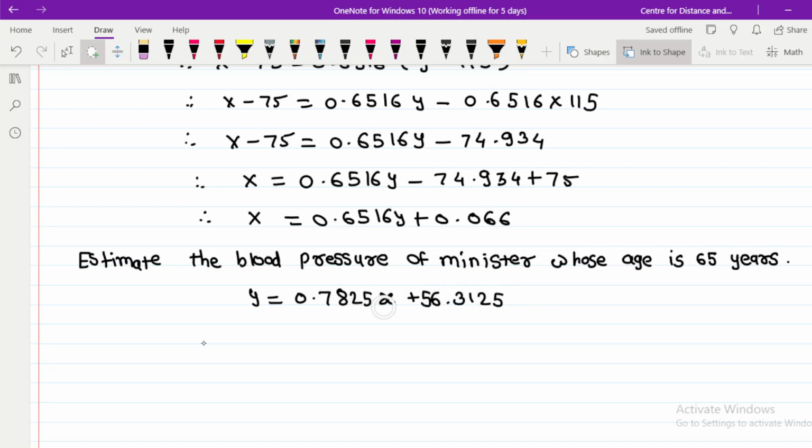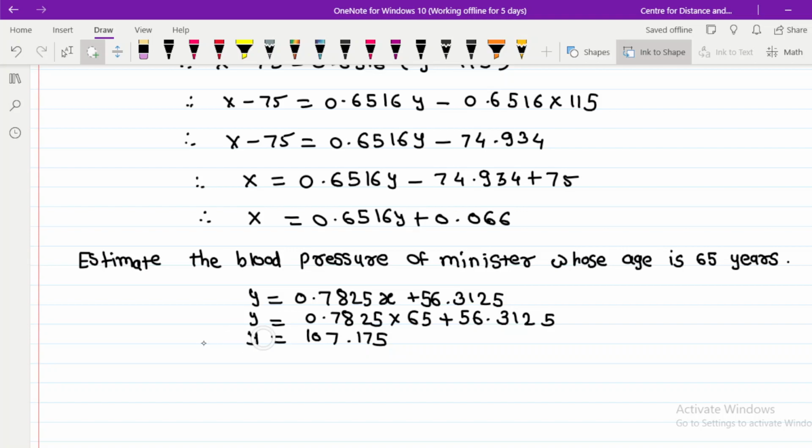Putting the value x equal to 65 in this equation, we get y is equal to 0.7825 into 65 plus 56.3125. The value of 0.7825 into 65 plus 56.3125 is 107.175.